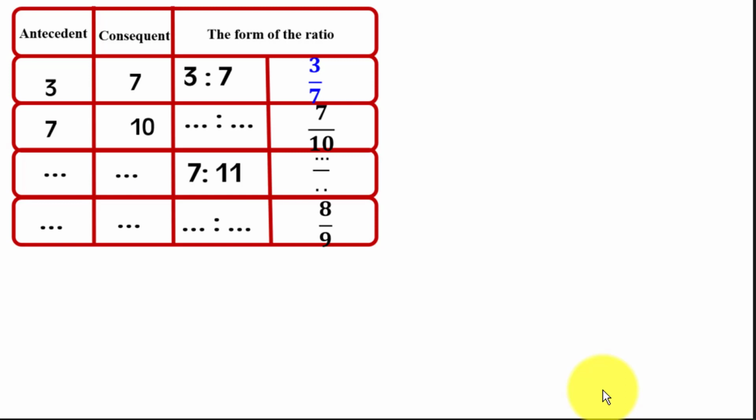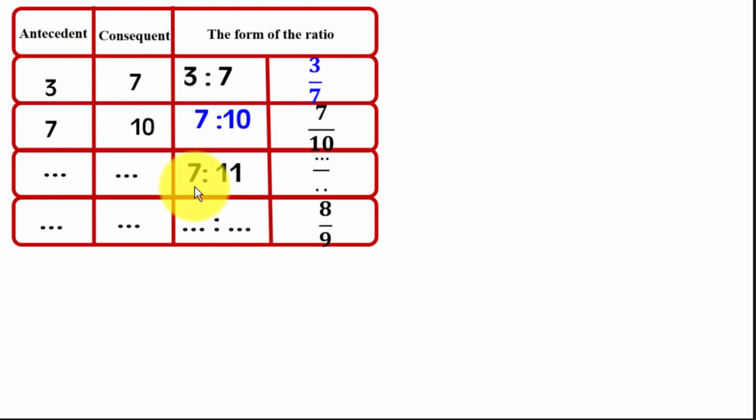So the missing number is what? Yes, 3 over 7. Second, we have here the antecedent 7 and the consequent 10. We can write the ratio as 7 to 10. Yes, we have here the form of the ratio 7 to 11. We can write now the antecedent and the consequent.